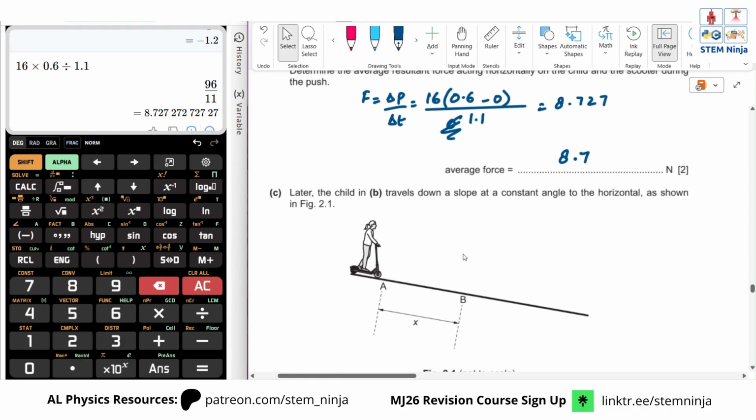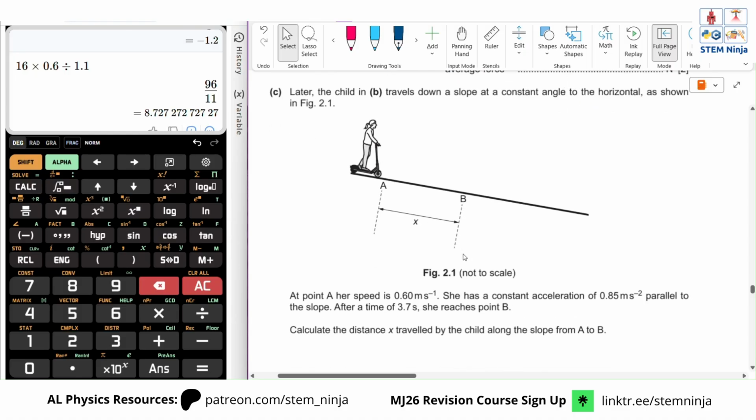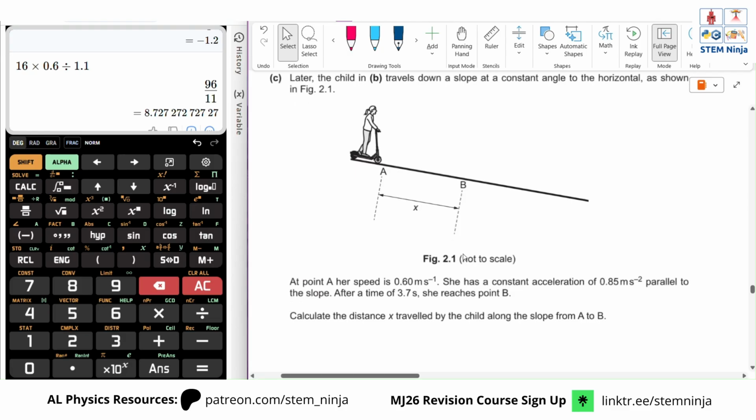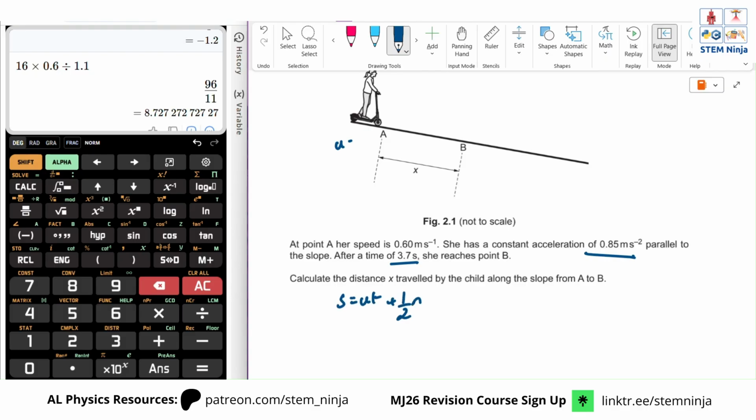Later, the child on the scooter travels down a slope at a constant angle to the horizontal. At point A, her speed is 0.6 meters per second. She has a constant acceleration of 0.85 meters per second squared parallel to the slope. After a time of 3.7 seconds, she reaches point B. Calculate the distance x traveled by the child on the slope. We have the acceleration, the time, and the initial velocity, so we can use the kinematics equation with a t squared.